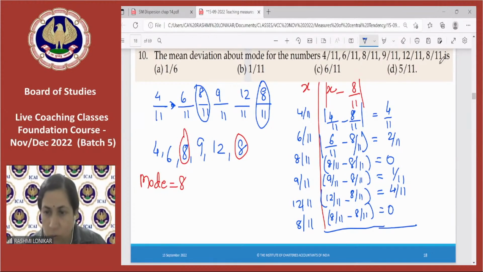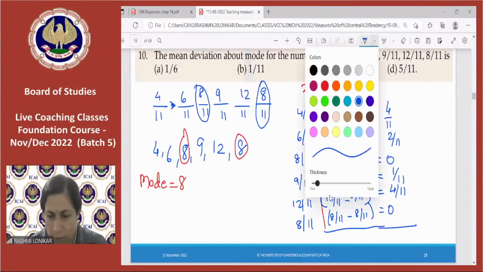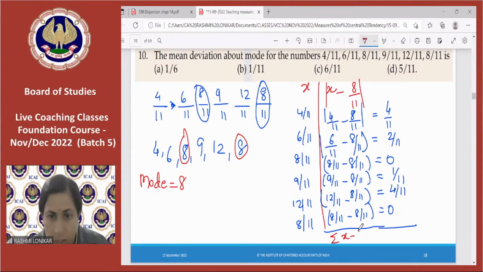Now I have to find the summation. So summation of x minus mode, the absolute value, will be equal to how much? 4 plus 2 plus 1 plus 4.